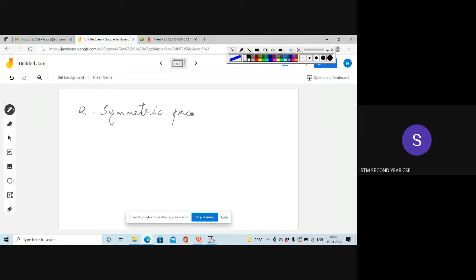Suppose the relation R is equal to {(1,2), (2,1), (2,2)}. So one relation is given.